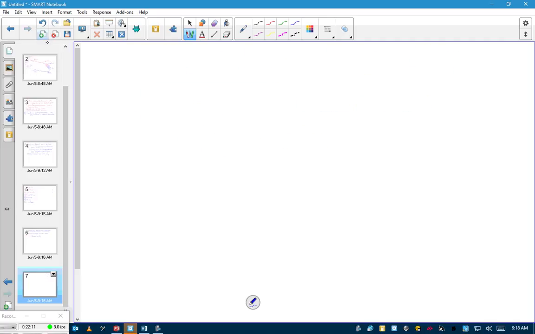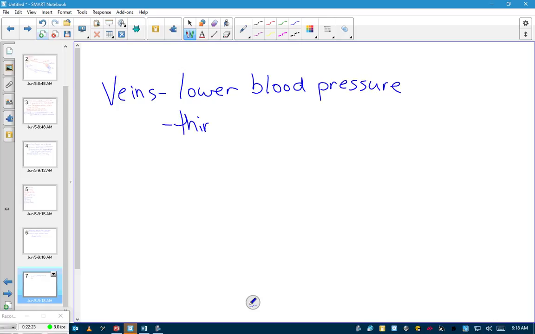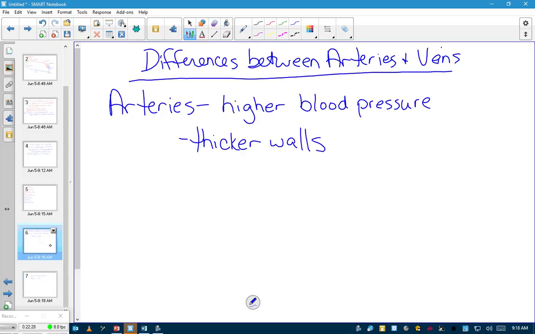So veins: lower blood pressure. Thinner walls. More dangerous to injure an artery.